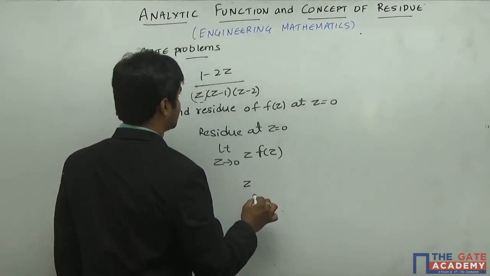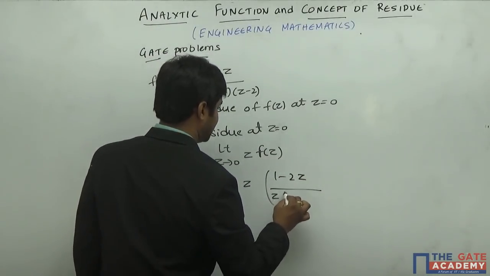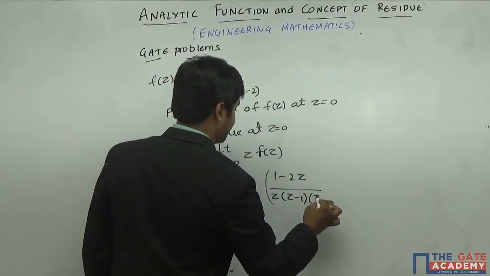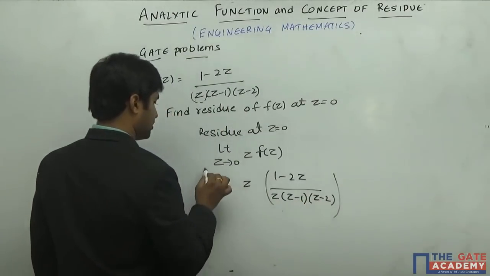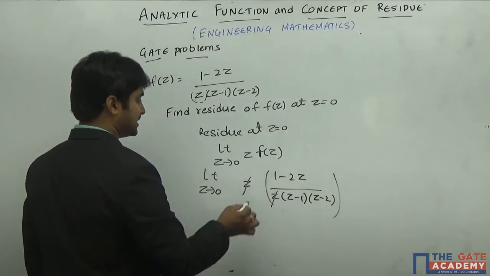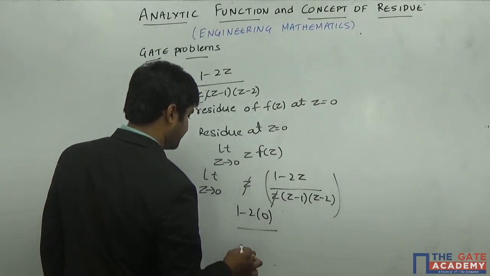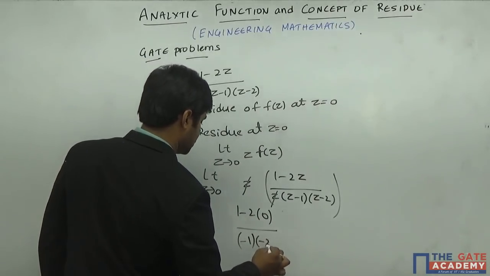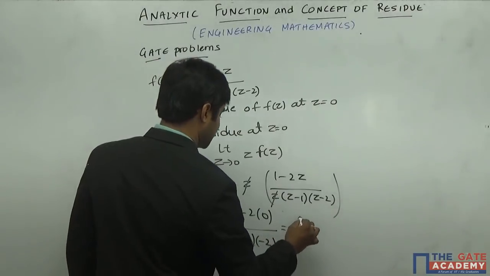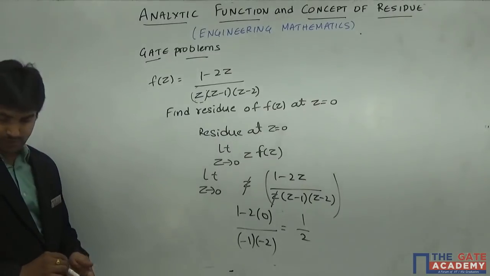So z into (1 minus 2z) divided by z (z minus 1)(z minus 2); z gets cancelled, and the remaining is (1 minus 2 into 0) divided by (minus 1 into minus 2), which is 1 by 2. So the residue at z equal to 0 is 1 by 2.